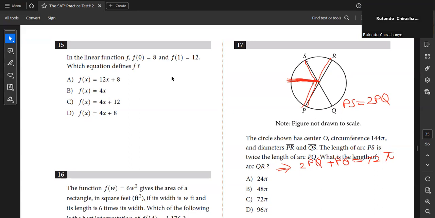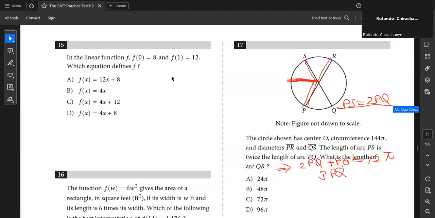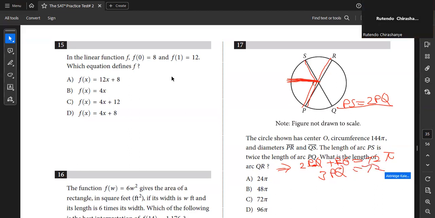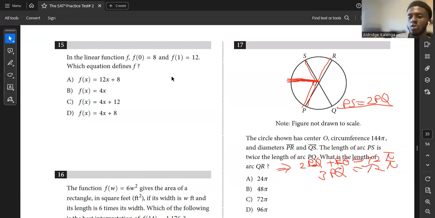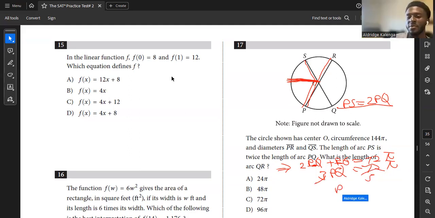So this is 3PQ, because PS is the same as 2PQ. So I'm going to put PQ here plus PQ, and then this is going to be equal to 3PQ equals 72 pi. I'm going to divide both sides by 3, and the value of PQ is going to be equal to 24 pi.